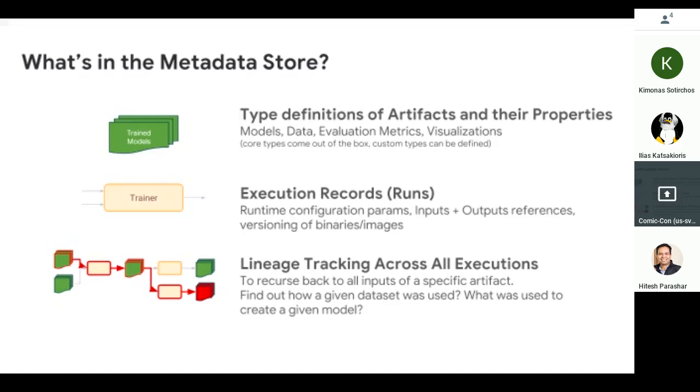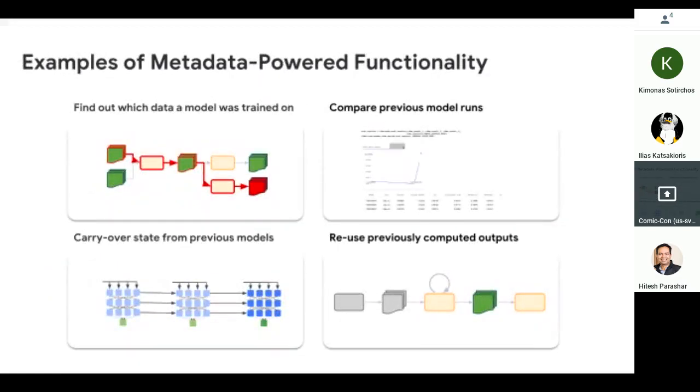And then there are some core types that we have defined in the system that come out of the box, and in addition to that, you can define your own types. As a side effect of this, the entire lineage of the graph is tracked as well, through the dependencies between executables and the artifacts. So there are some examples of how the metadata can be used.